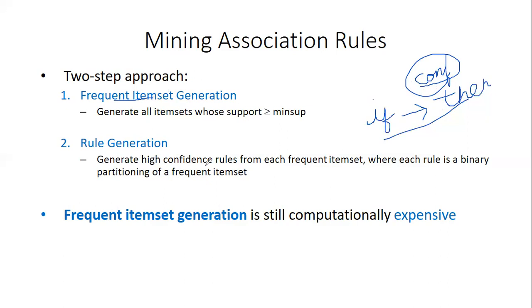The confidence of this rule should be more than the minimum confidence. Out of these two steps, the first step, frequent item set generation, is very computationally expensive. I'll tell you why in the coming slide.